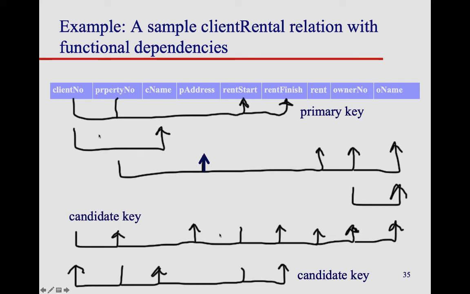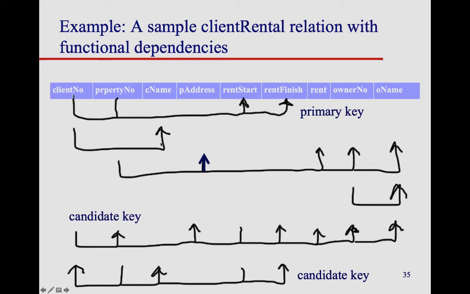I have 50 eyes on this. Surely someone sees a dependency where the left-hand side is a subset of these two attributes. Client number and rent start are my new primary keys. How about this one?